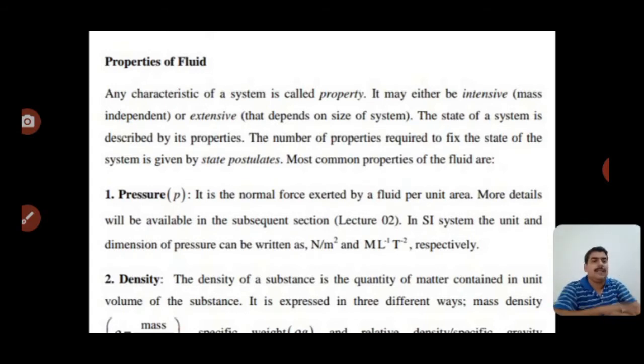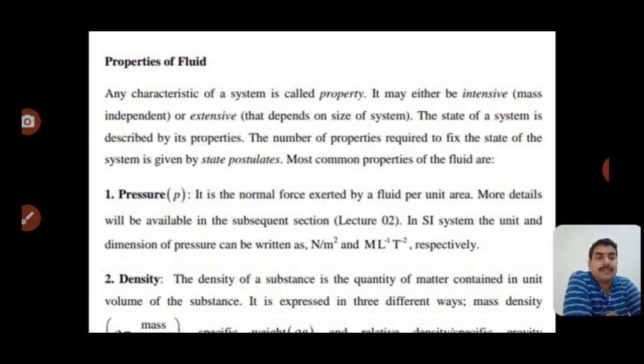meter square. Therefore, we say that the unit of pressure is Newton per meter square, and the dimensional unit of pressure is ML^-1 T^-2. Why?